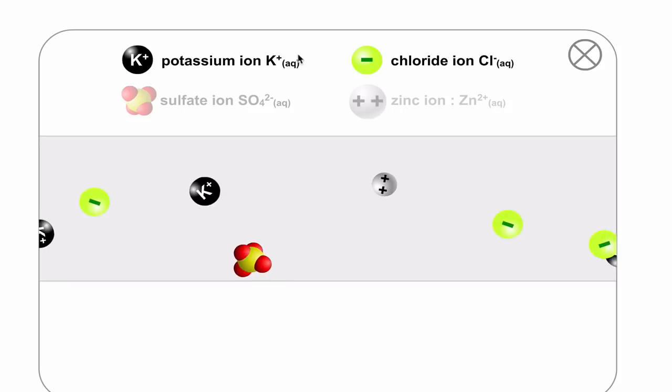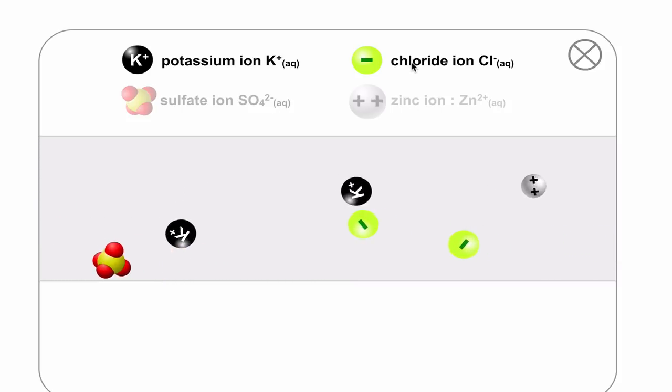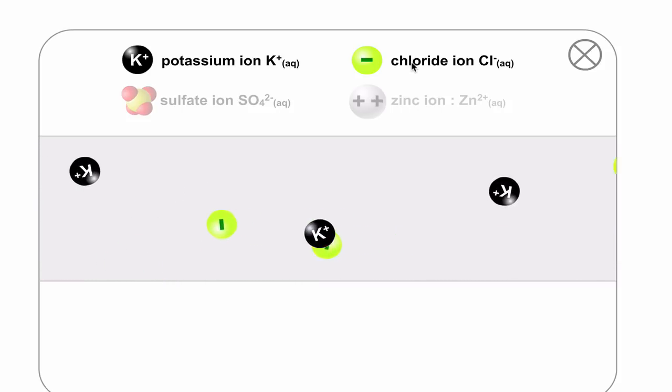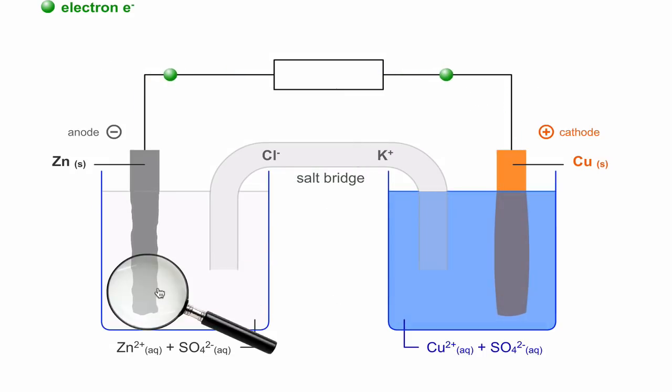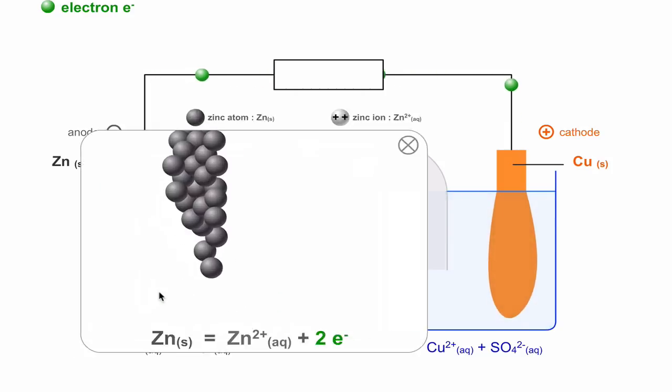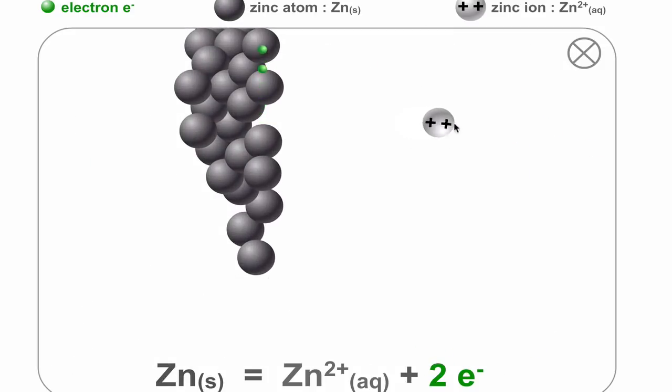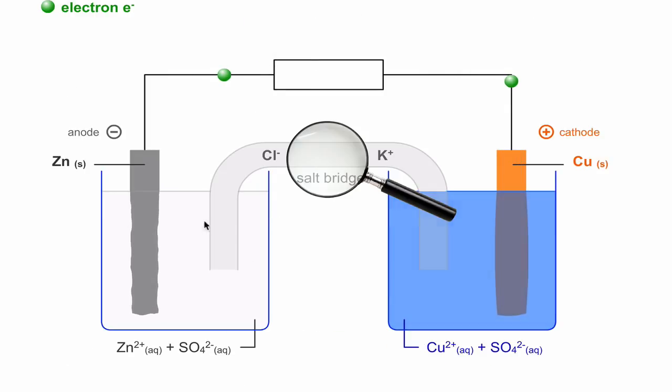The potassium ions and chloride ions are both going to be spectators in the actual chemistry. However, we need to have a balance of charge. If you imagine, as the zinc breaks down and more and more zinc ions come into solution, this side would become more and more positively charged.